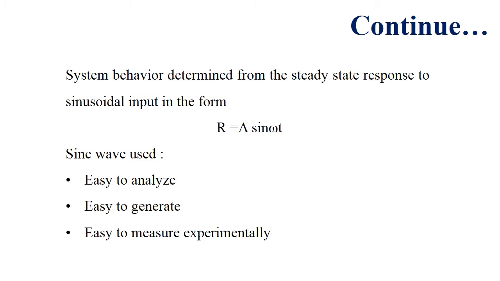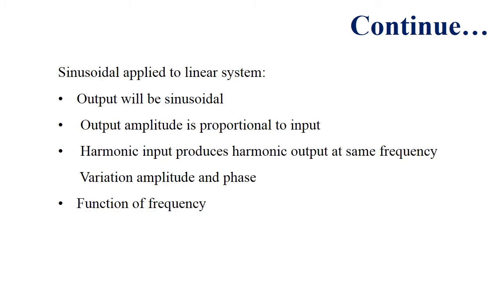Sine wave will be used in the frequency response because it is easy to analyze, easy to generate, and easy to measure experimentally. Sinusoidal input applied to a linear system, so output will be sinusoidal. Output amplitude is proportional to the input signal. Harmonic input produces harmonic output at the same frequency, with variation in amplitude and phase, and output will be a function of frequency also.